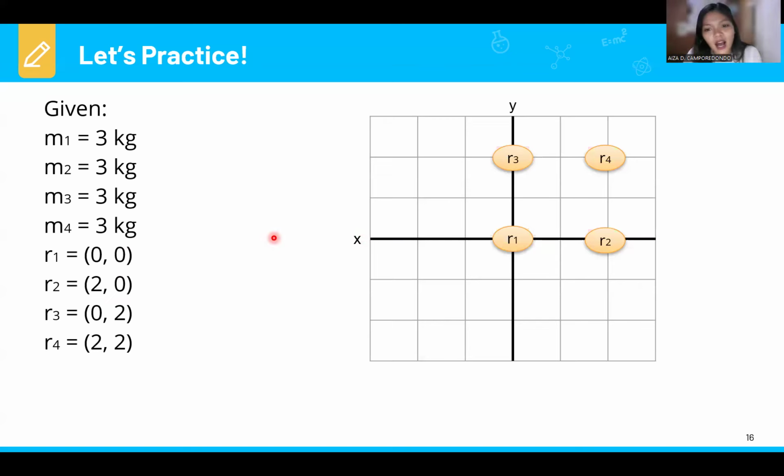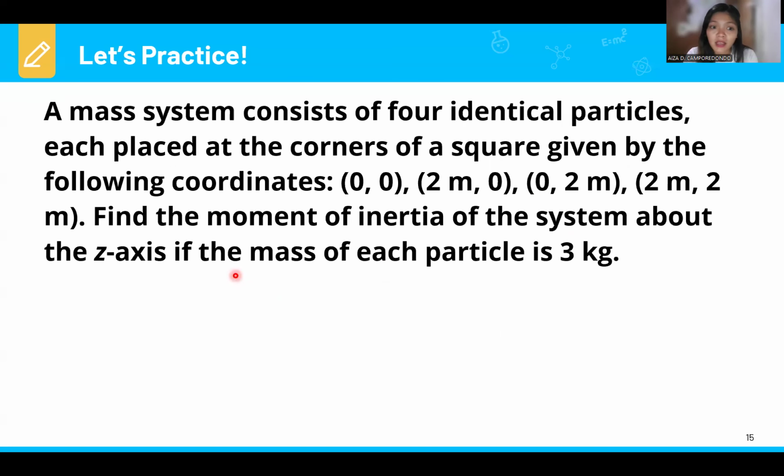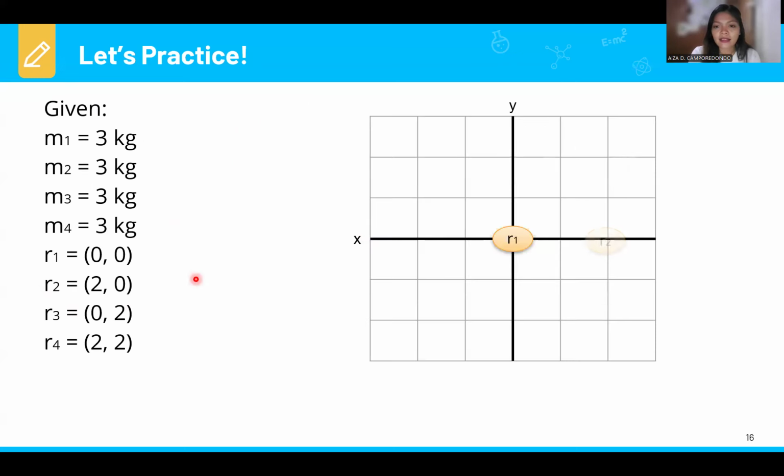Now, you have noticed right here in the problem, the moment of inertia of the system about the z-axis. What it meant here is that the z-axis is at the center of the graph.